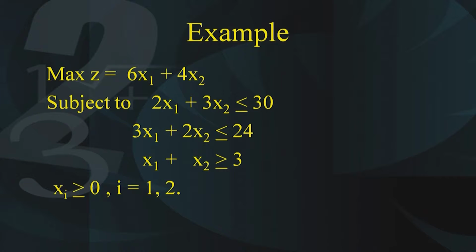You will observe that in this example we have maximization of 6x1 plus 4x2, subject to 2x1 plus 3x2 less than or equal to 30, 3x1 plus 2x2 less than or equal to 24, and x1 plus x2 greater than or equal to 3, and x1 and x2 greater than or equal to 0.